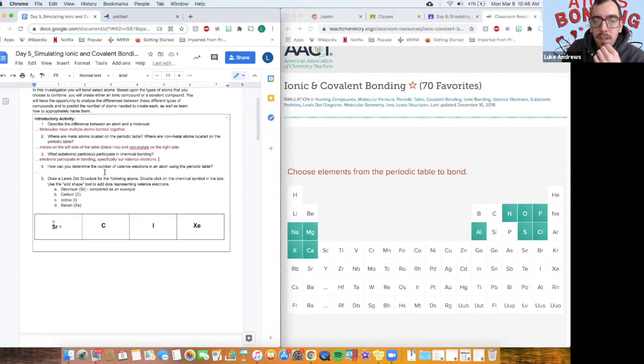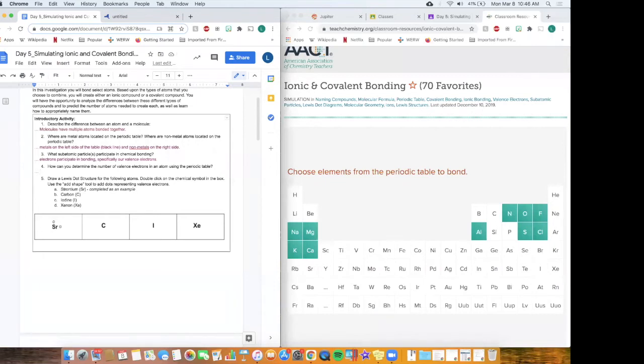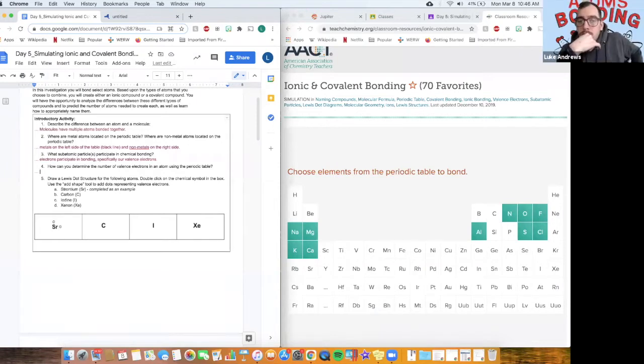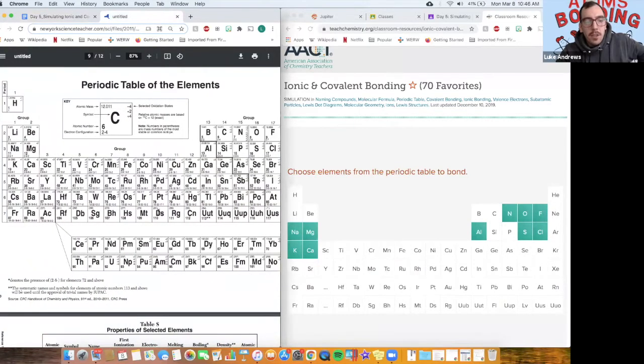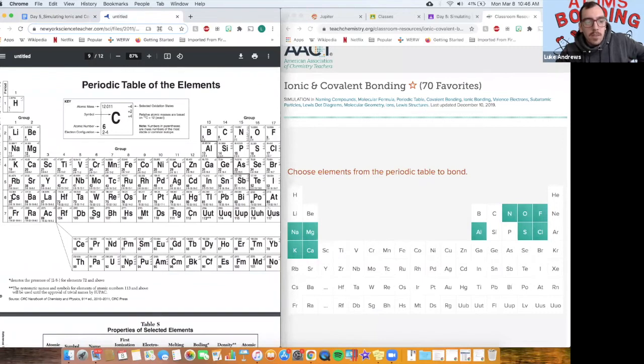How can you determine the number of valence electrons using the periodic table? There's a couple different ways we can do this, but what is one way? Yeah, how can you determine it? By the group? The main group numbers. You got it. Forget our transition metals. Group 1 has 1 valence electron.